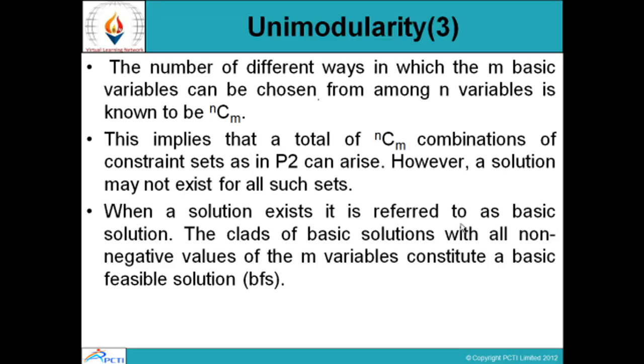This implies that a total of nCm combinations of constraint sets as in P2 can arise. However, a solution may not exist for all such sets. When a solution exists, it is referred to as a basic solution. The class of basic solutions with all non-negative values of the m variables constitutes a basic feasible solution, called BFS.